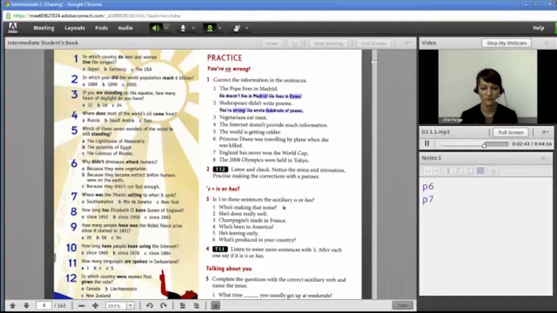9. How many people have won the Nobel Peace Prize since it started in 1901? 94 people have won the Nobel Peace Prize since it started in 1901. These include Nelson Mandela in 1993 and Mother Teresa in 1979. 10.